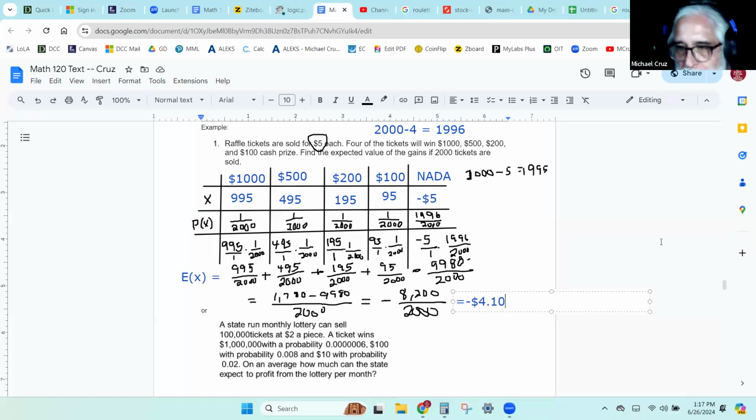So every one of the tickets nets the house $4.10. Everybody is essentially paying $4.10 to play on the average. But this is how they can figure out a successful game, by doing these kinds of computations.